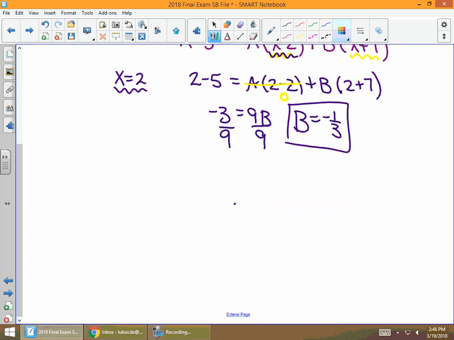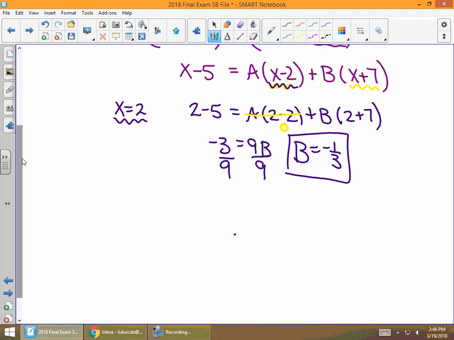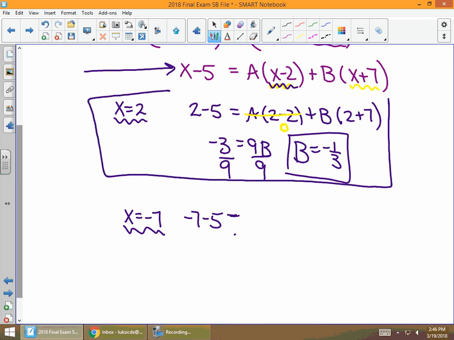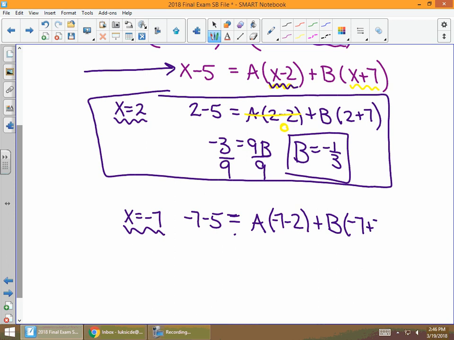Similarly, we're going to zero out our b. So I'm going to make x negative 7 and plug it in everywhere. When I'm doing this, I'm going back up to this line for reference. Negative 7 minus 5. Kind of ignore all this in the middle; that was all us finding b. Now we're going to do the same process to find a. Negative 7 minus 2, plus b times negative 7 plus 7.